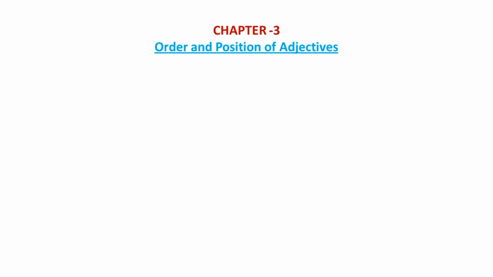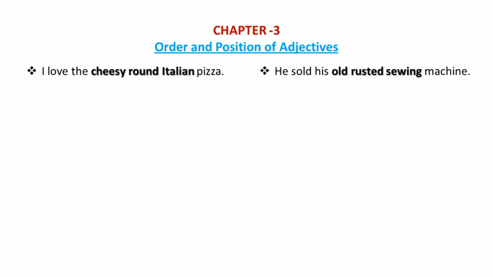Chapter 3: Order and Position of Adjectives. Consider these examples. I love the cheesy, round Italian pizza. He sold his old rusted sewing machine. So here we notice that there is more than one adjective used to describe the nouns.